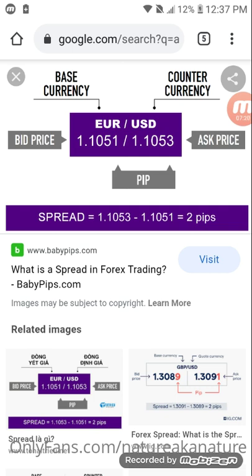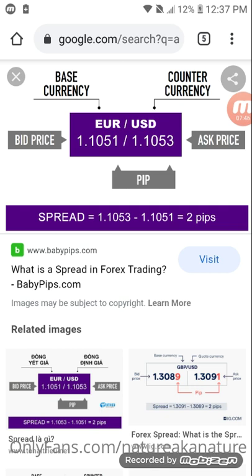If you want to sell the base currency at 1.1051, you would bid for sale at 1.1051, selling it over the USD. If you wanted to buy, saying the USD was going up over the euro, you would buy at the ask price of 1.1053.